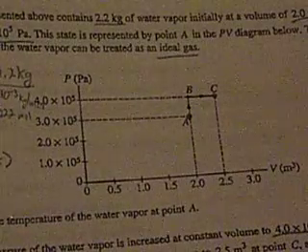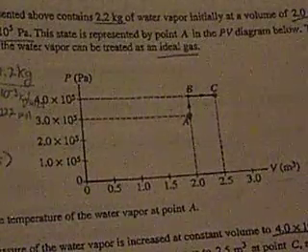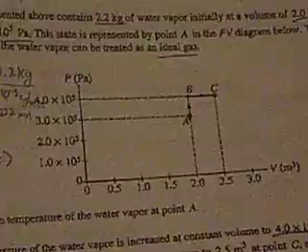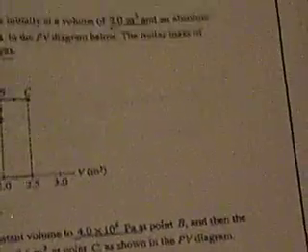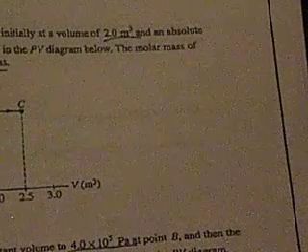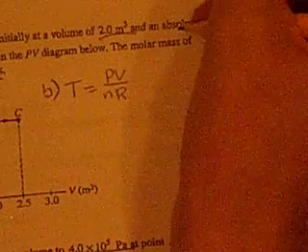So ideally, it's going to be the same formula as part A. So let's go over here and use this blank space. For part B, we're going to use the same formula, we already manipulated it, as T equals PV over nR.